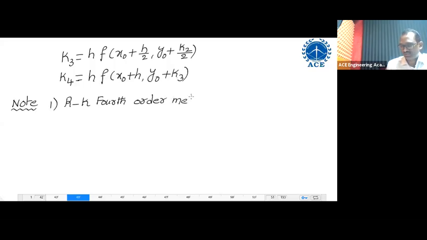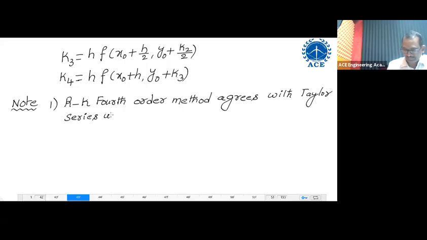RK's fourth order method agrees with the Taylor series up to fourth derivative.